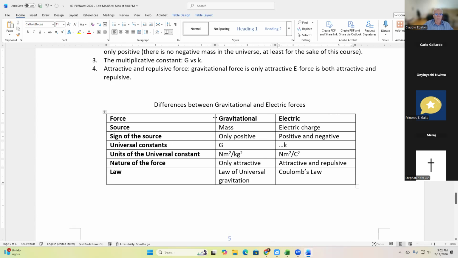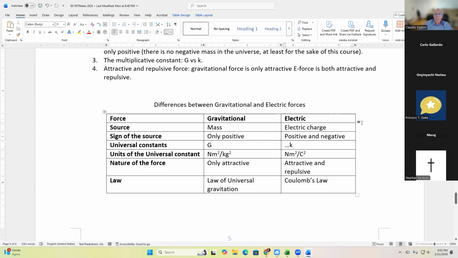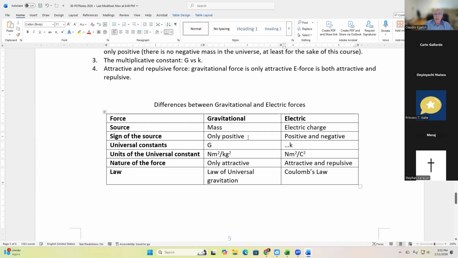Let's see. I want to have this table in a nice format here, so we can use up the space.